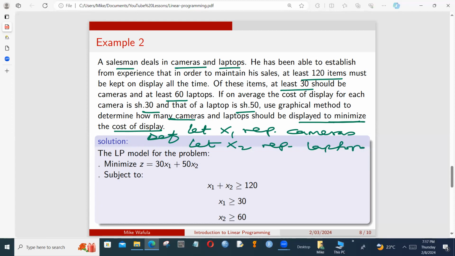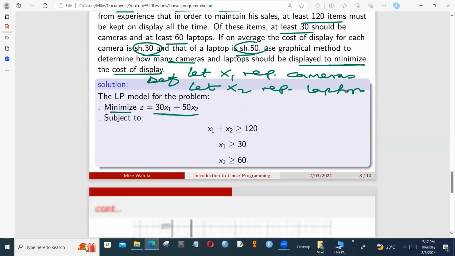With that, we can now state our objective function, which is minimization. We minimize Z, which is equal to this. Remember, the cost of displaying a single camera is 30 and a single laptop is 50. So we want to minimize that total cost. So it will be 30x1 plus 50x2.